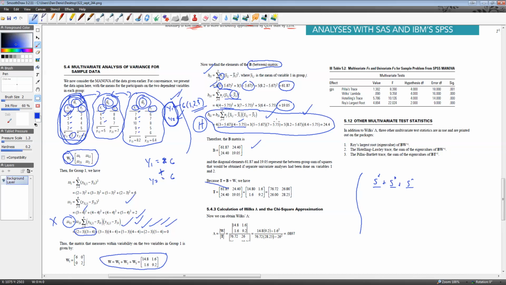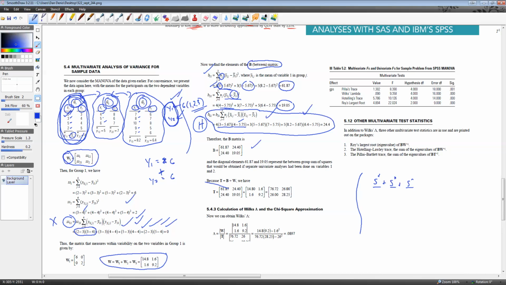I just want to highlight this point because it's really important. If you look at that y1 again, y1 is 3 minus 5.67 plus 5 minus 5.67 plus 8.2 minus 5.67.